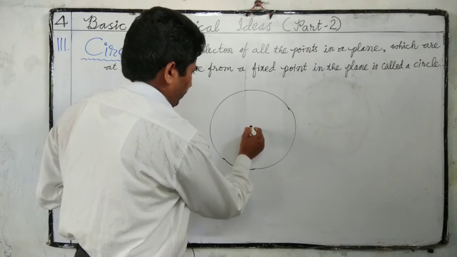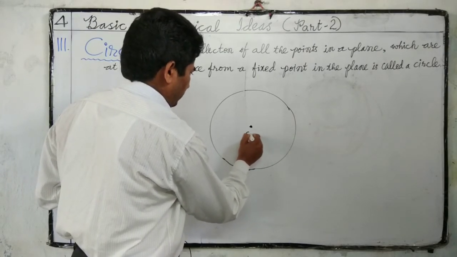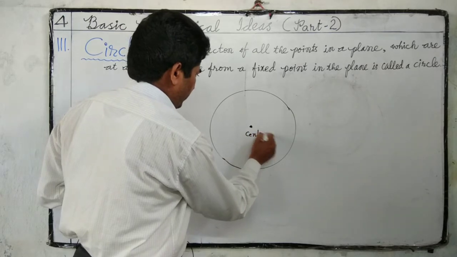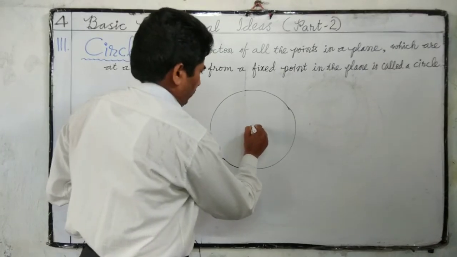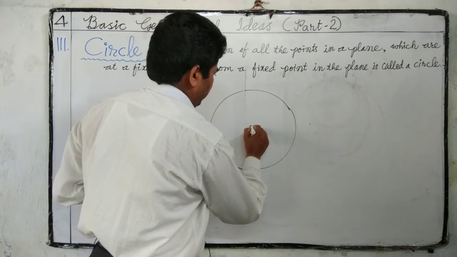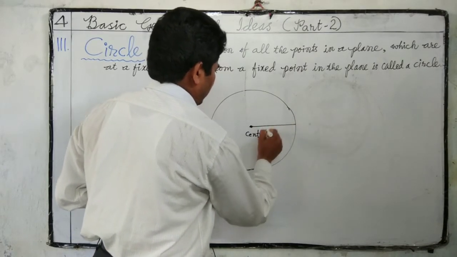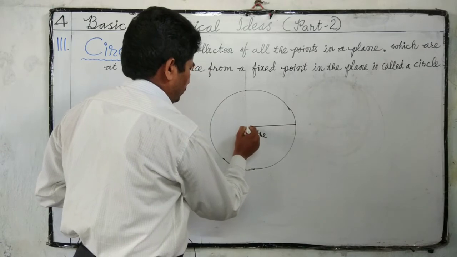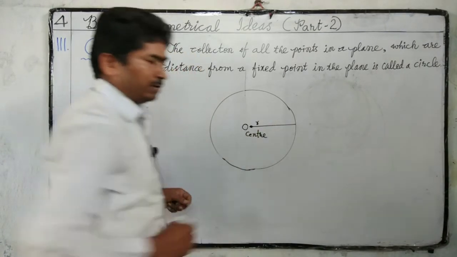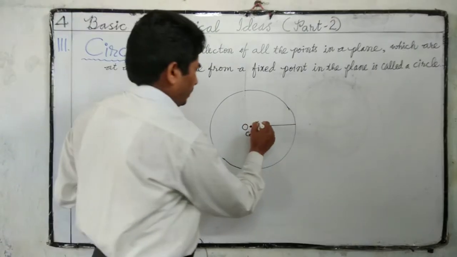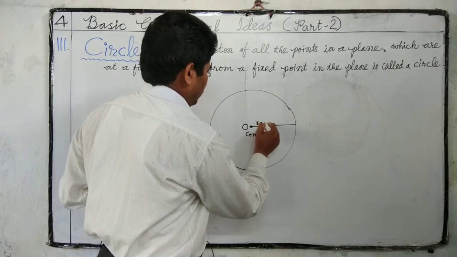This fixed point is called center of the circle. The center is O. The fixed distance is called radius of the circle.